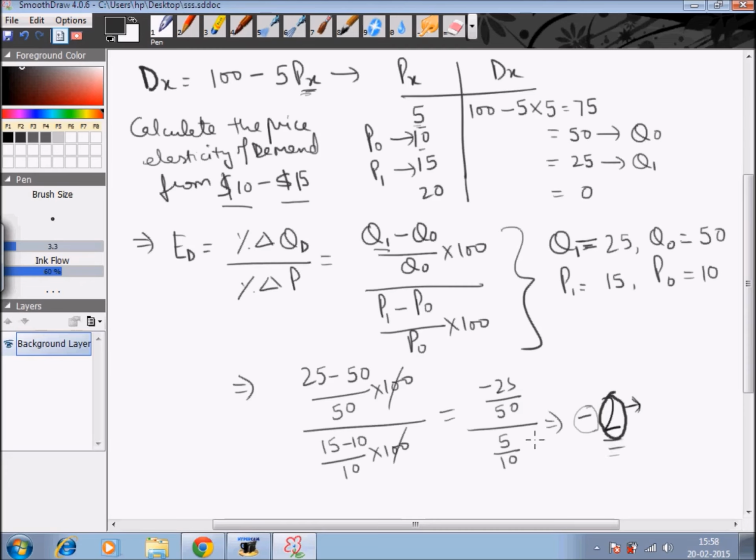That is, if there is a 1% increase in the price of commodity X, there will be a fall in quantity demanded by 2%. So the producer of commodity X has to think twice before increasing its price because the demand of commodity X is highly sensitive to the price changes.